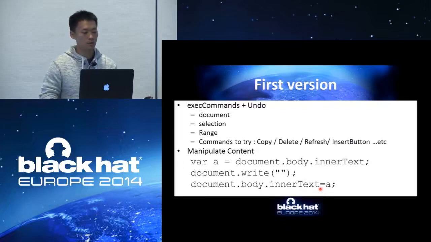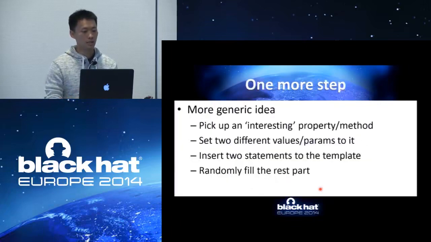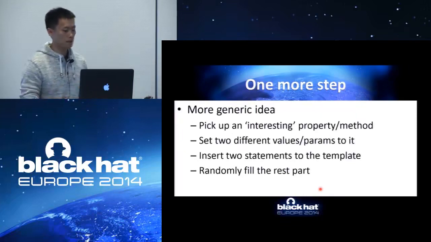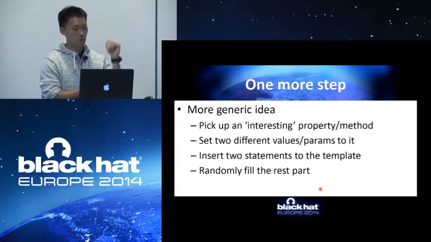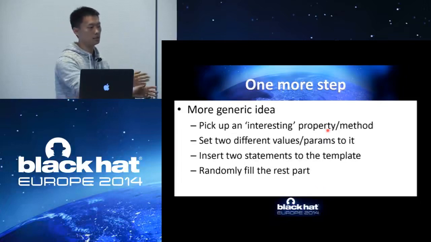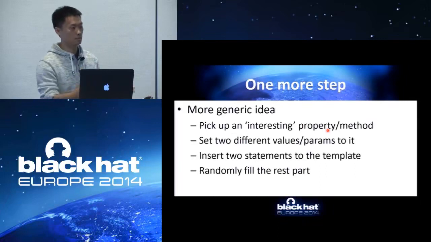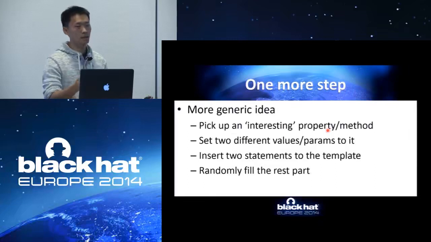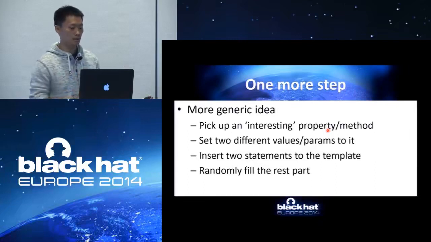Naturally, we would like to expand this concept, pair, and take one more step. So we have a second version of the fuzzer. We went through the whole spec, MSDN, and picked interesting properties and methods. For a property, we assign it with value A, then assign it with value B, that's a pair. Or a method, we assign it with parameter A, then parameter B, that's another pair.